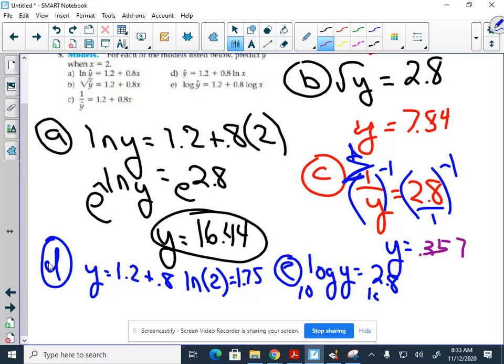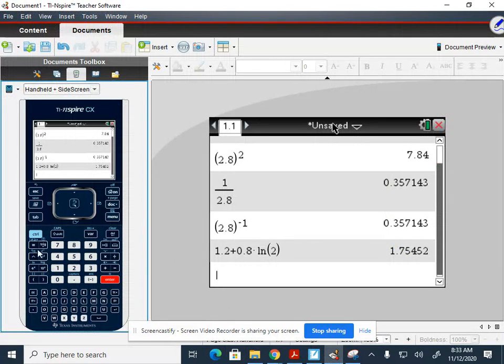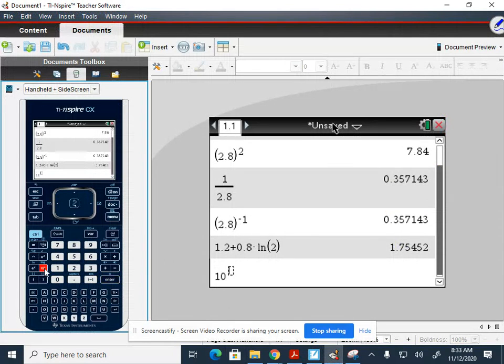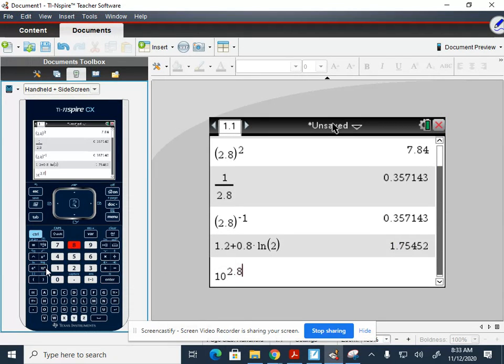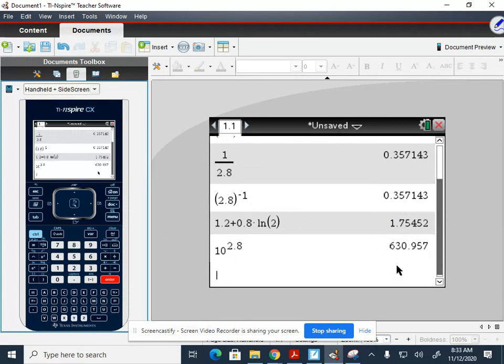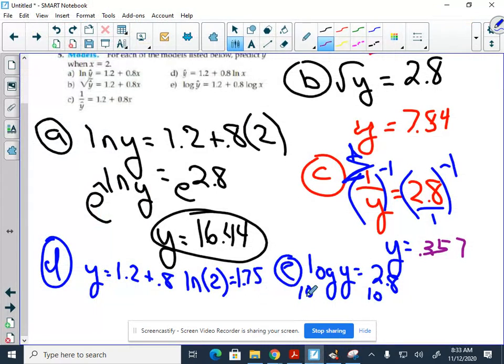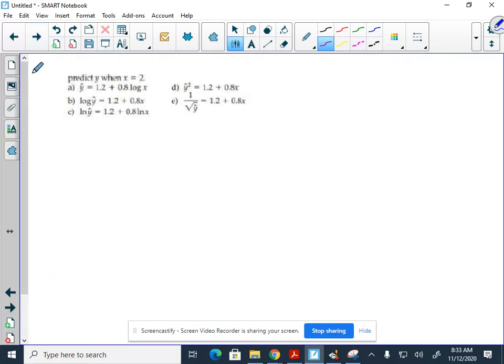Look on your calculator, you take 10 to the power because the log is undone. That's the log base 10. It's undone by this. You get 630.95. We'll call it 631. Okay.